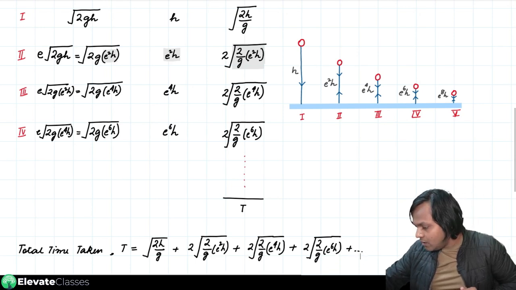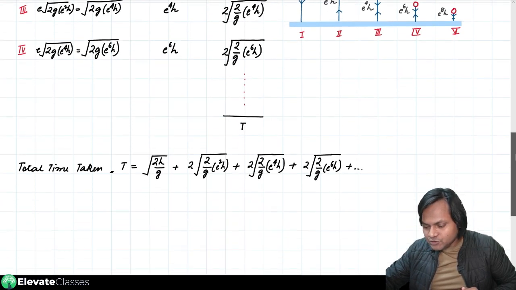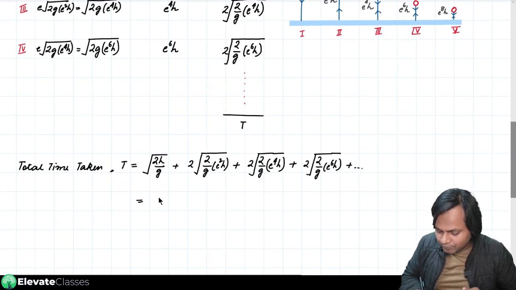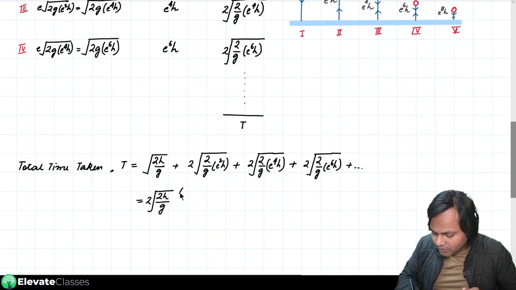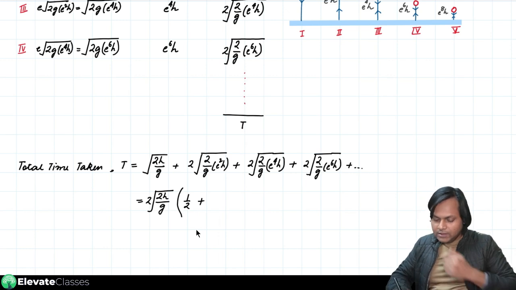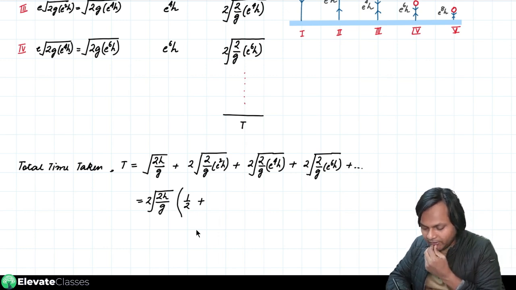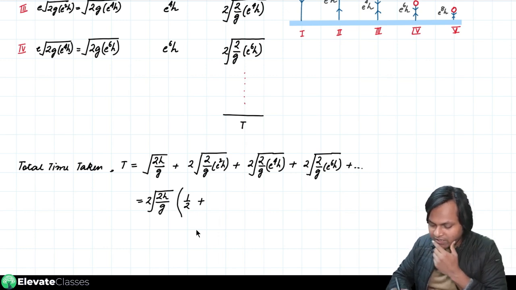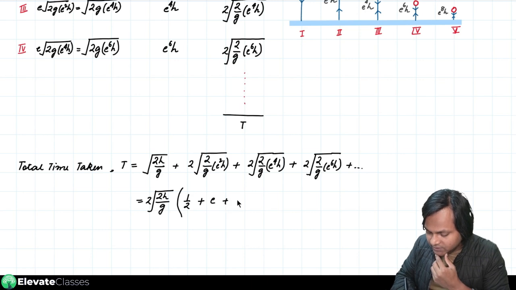Okay, so now what this leads to is an infinite series sum. So let me take the common factor out, twice common. So this becomes half plus, here we will have root over 2h upon g times e plus e square plus e cube plus e to the power 4 plus on and on.